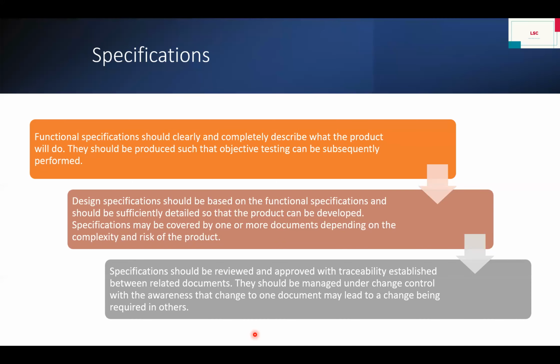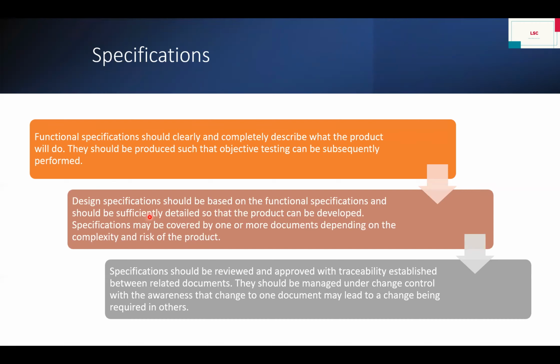Now, specification. So we understand you give the URS. Now the part of the supplier is to prepare the specification. The functional specification should clearly and completely describe what the product will do, and should be produced such that objective testing can subsequently be performed. The supplier makes the functional specification according to your URS.